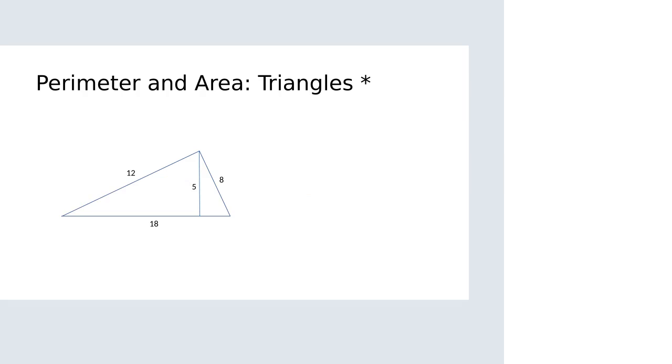There's a triangle, whole bunch of measurements on there. What I want you to do is find the perimeter and the area of that triangle. Be a little careful here.